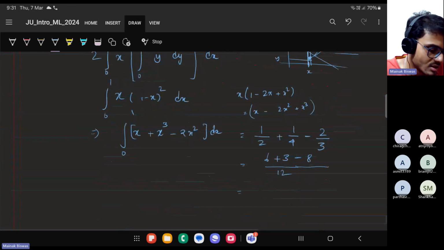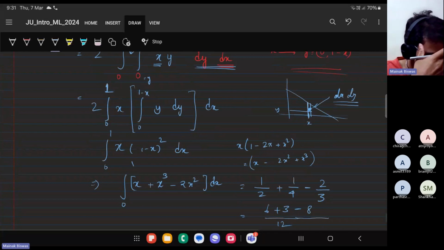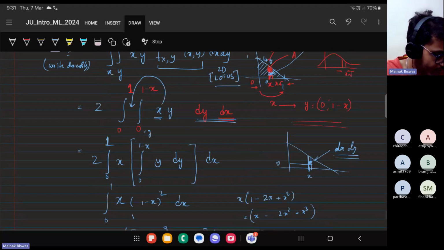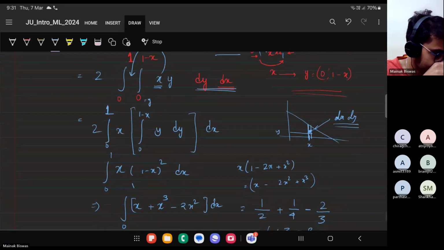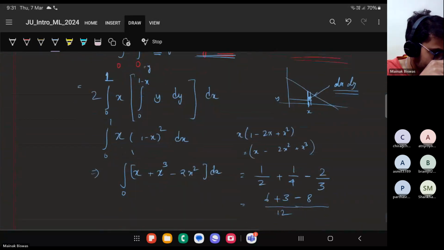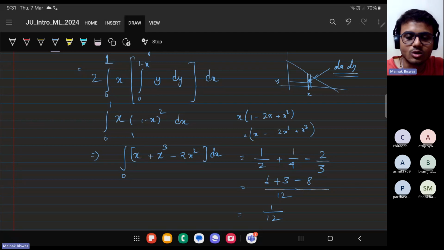Where am I making the error? So 6, 3, 6, 4. Have I written the integral correctly? I think I have. Oh, it's okay. So 1 by 12. It is okay.